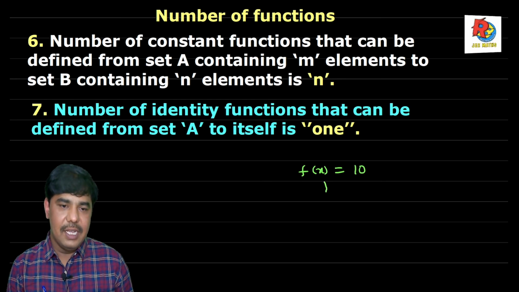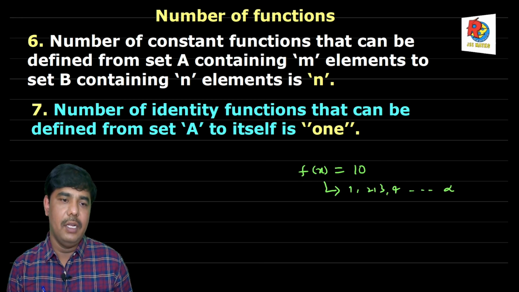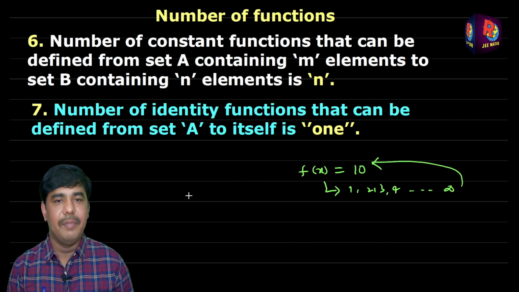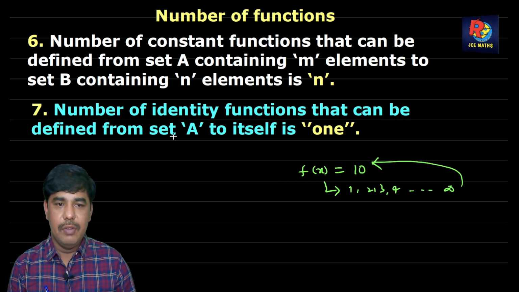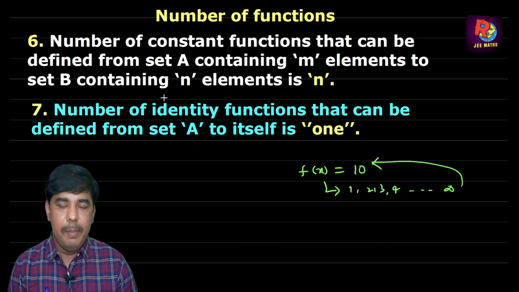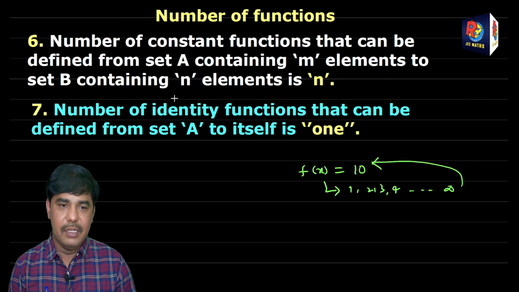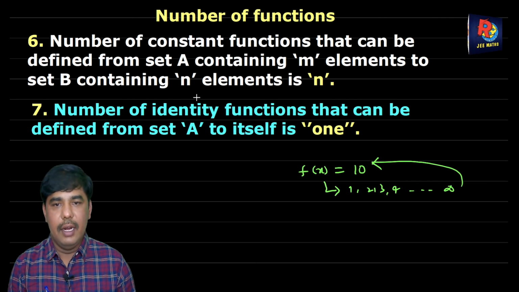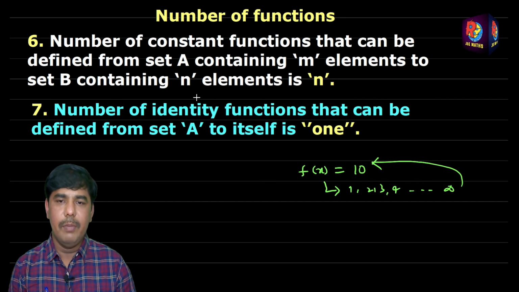If I change the x value to 1, 2, 3, 4 up to infinity, the output will be the same. Whatever elements set B contains, for example 10 elements, so n equals 10. If n equals 100, you will get it like that. So whatever it may be.